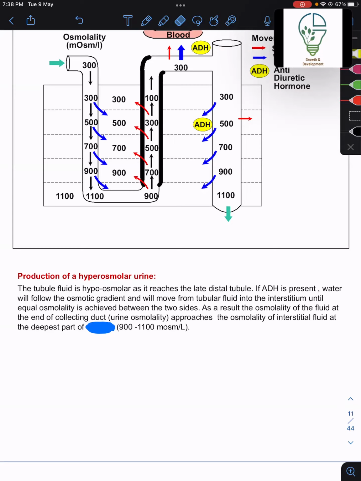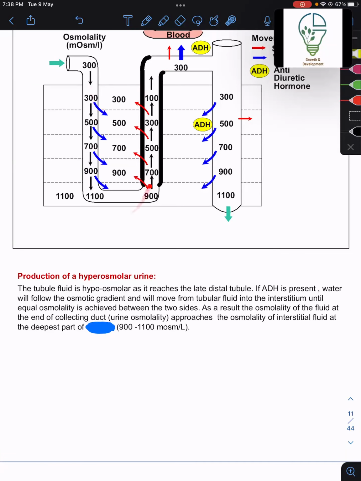So as a result, the osmolality of the fluid approaches the osmolality of the interstitial fluid at the deepest part of blank. So think for a second, if I look at my diagram, what part of the diagram has the most concentrated tubular fluid? Or essentially what it's asking, the concentration of this part resembles what part over here?